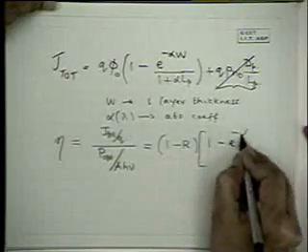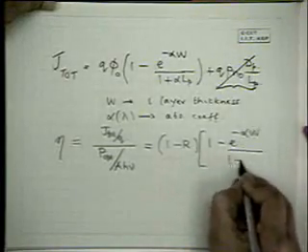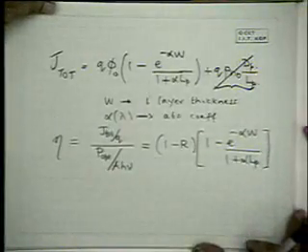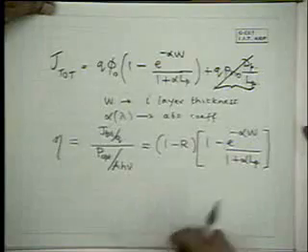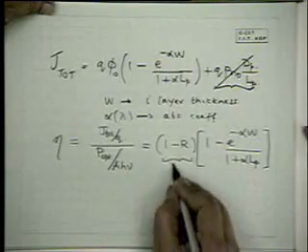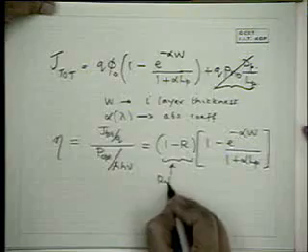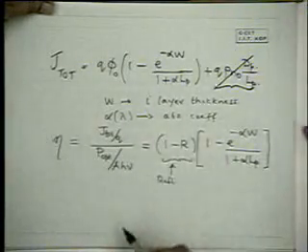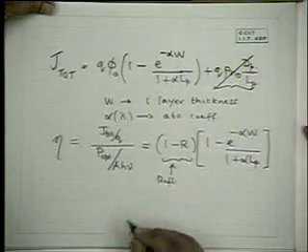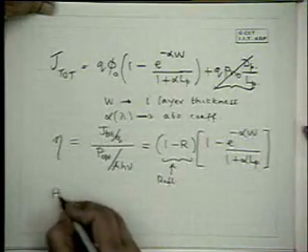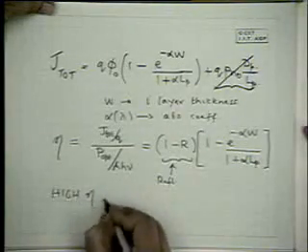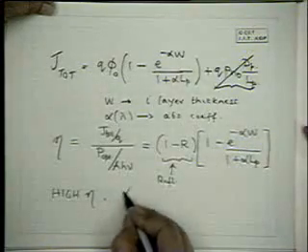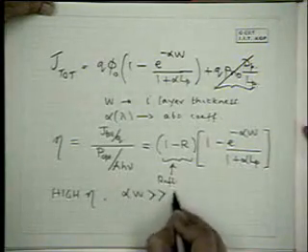This is a relatively simple expression, and this gives the quantum efficiency of a PIN diode. This is just a reflection term. By suitable coating, you can reduce this, and notice that for high eta, what do we want? We want alpha W to be much greater than 1.